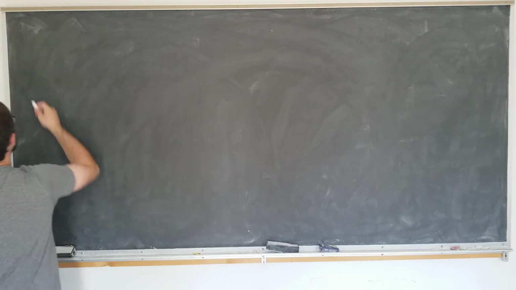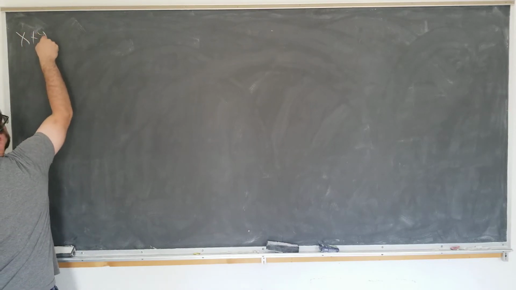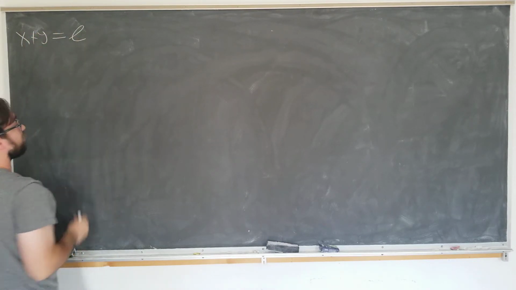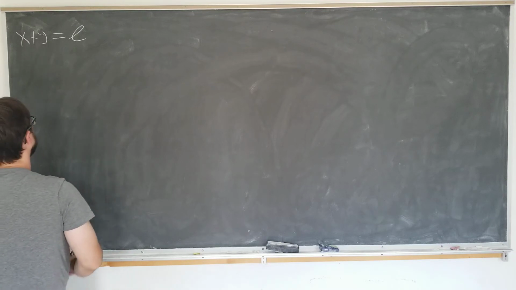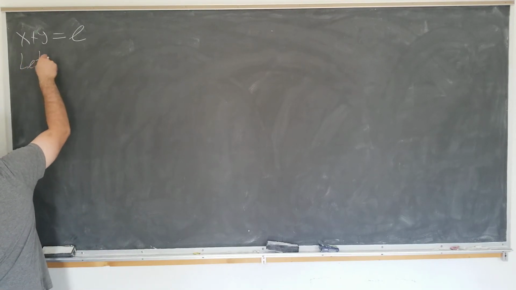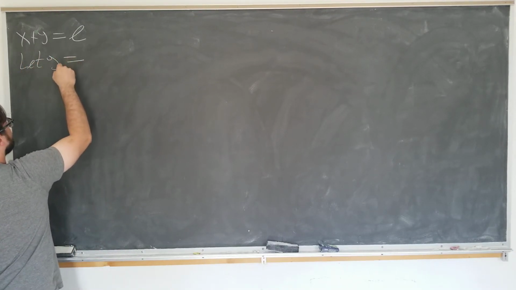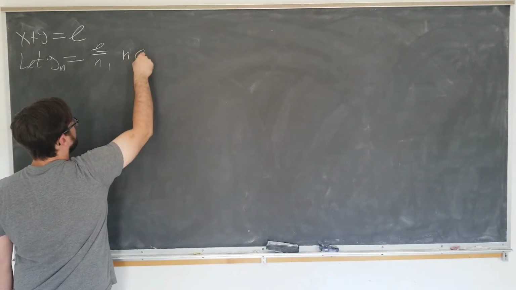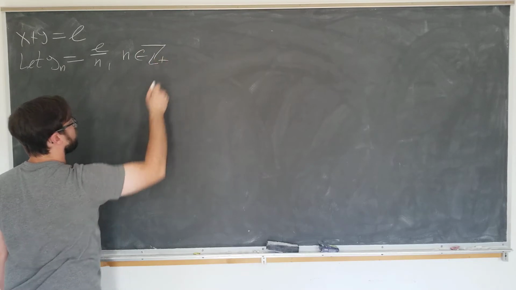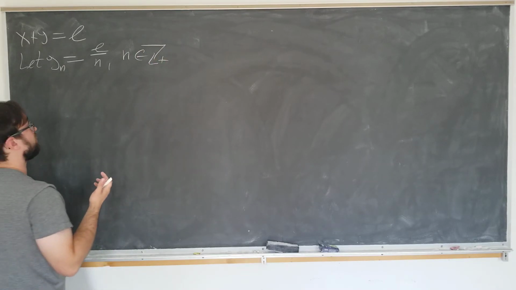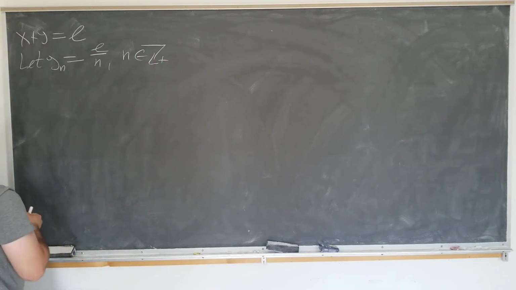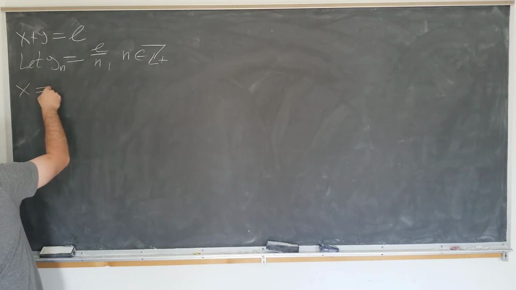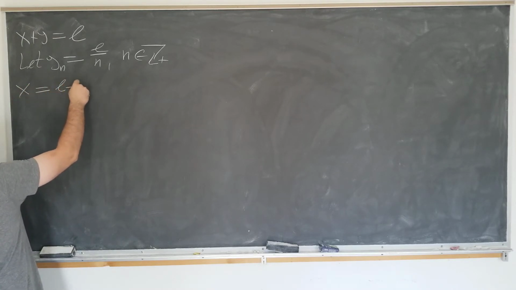So we had x plus y is equal to L up above. Write that in two forms. Now let's go ahead and let y indexed by n be equal to L over n for some n a positive integer, not including 0, of course, because it would blow up. So this tells us that x is now L minus y.